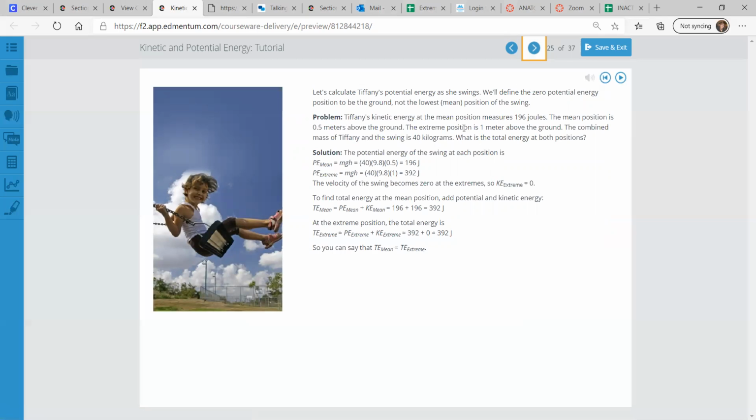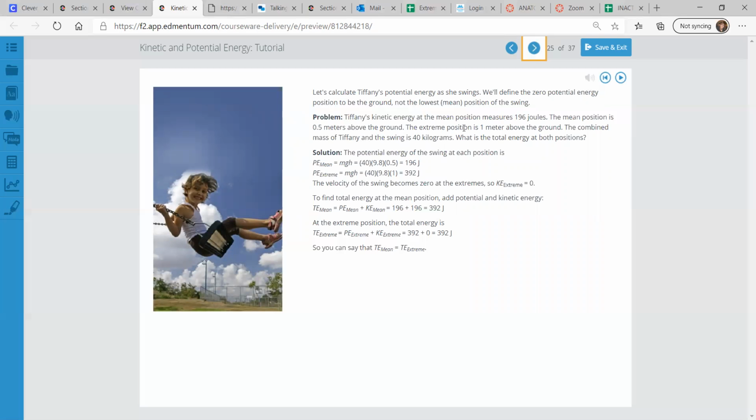This slide has an actual calculation. Tiffany is swinging, and we'll define the 0 potential energy position to be the ground, not the lowest position of the swing.